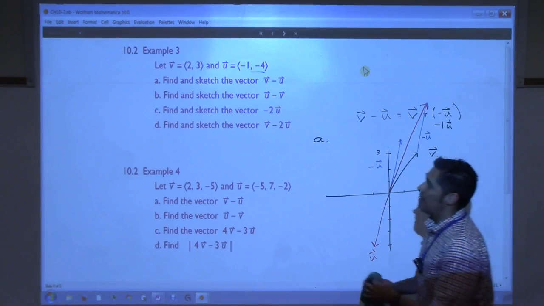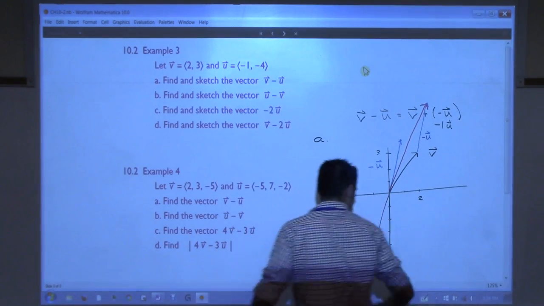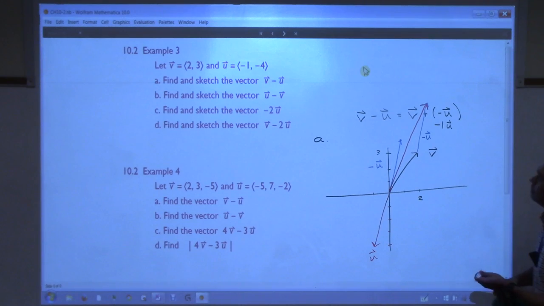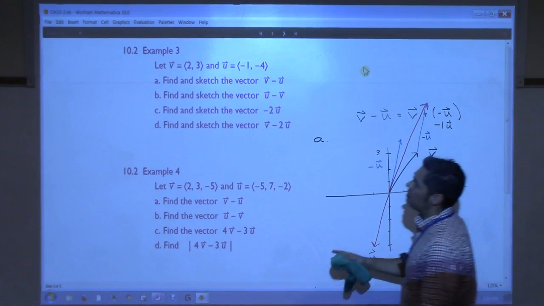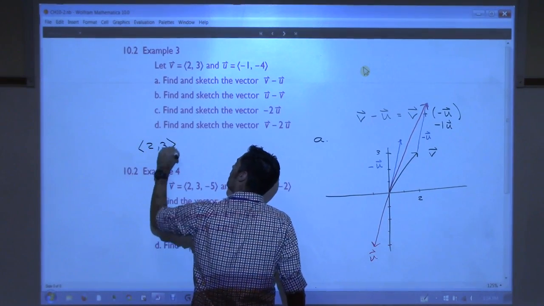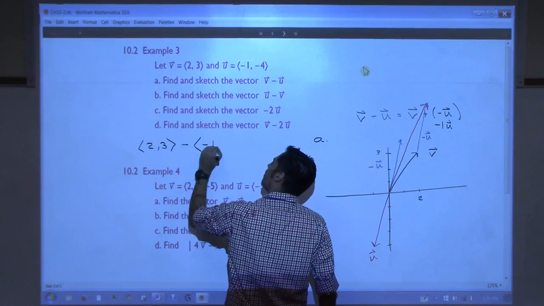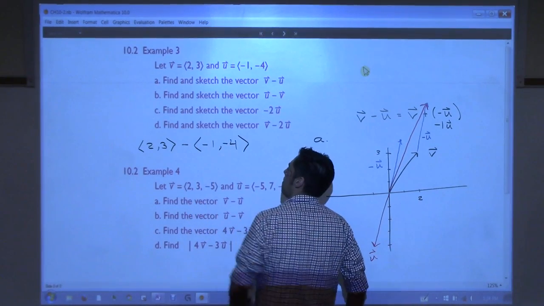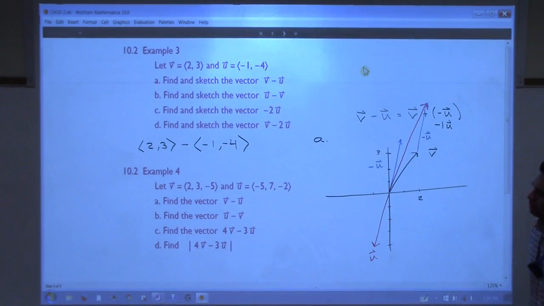But now let's do it mechanically, algebraically. All I need to do is write down the vector v, which is the vector 2, 3. I want to subtract the vector -1, -4.